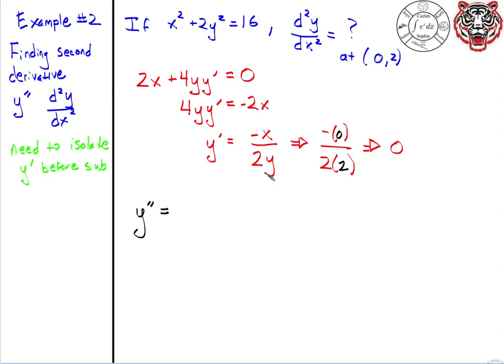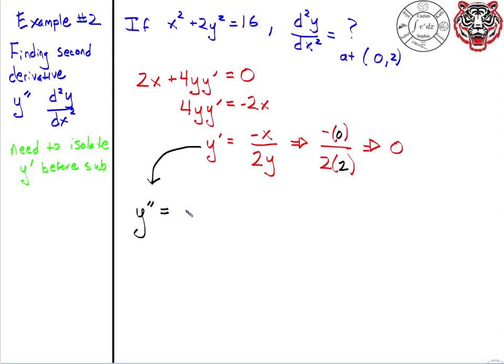What rule am I using for this? So from the y prime equals, and then this is going to be y double prime. Here is where you have to isolate it so you get what y prime is. Right, so we have y prime, now we can take the derivative of this to get y double prime.